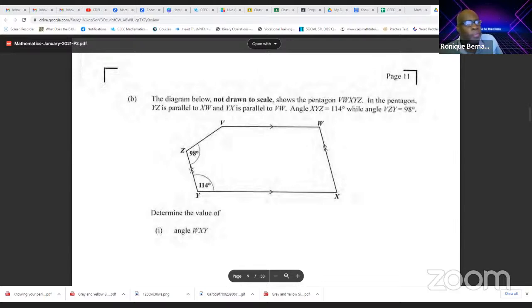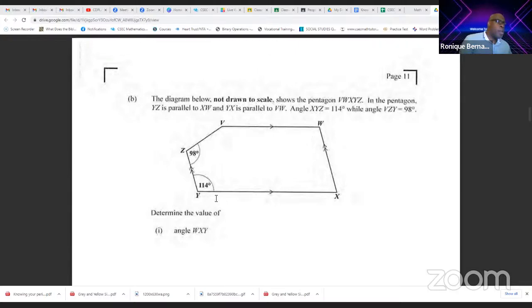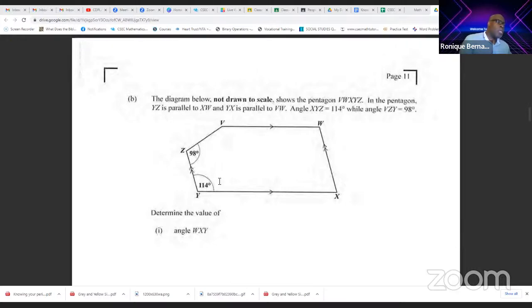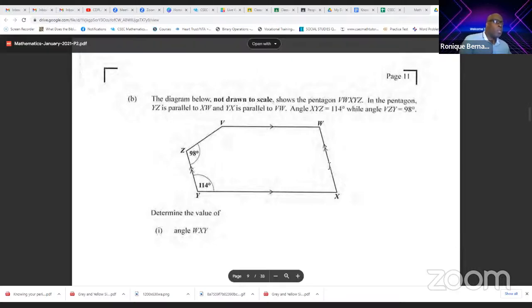These two lines, VW and even YX, are parallel. So YX is parallel to VW, as I told you. YZ is parallel to XY as well.